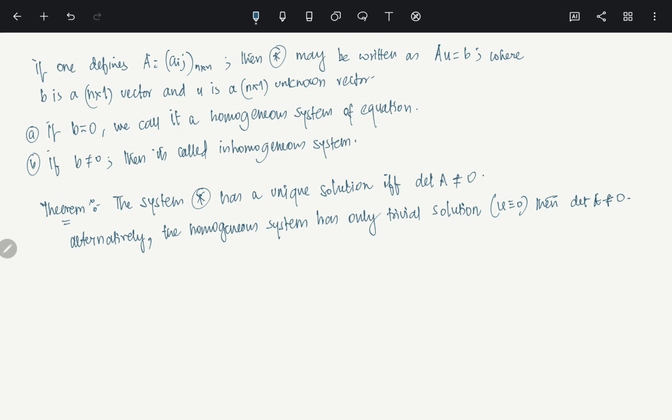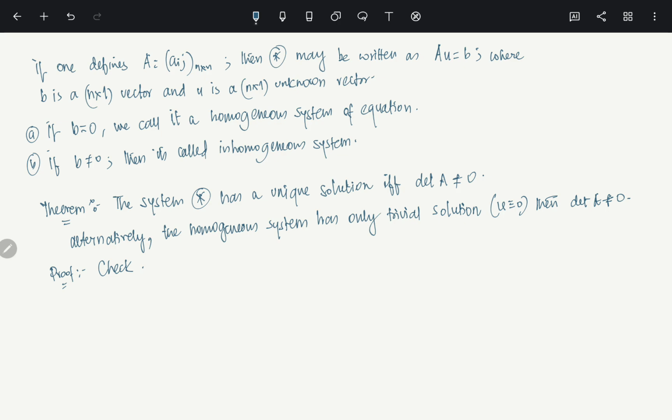So if A is non-singular, then you have a unique solution and vice versa. The proof I am not doing, it is very easy to do. Please check this proof. And we are going to use this theorem.